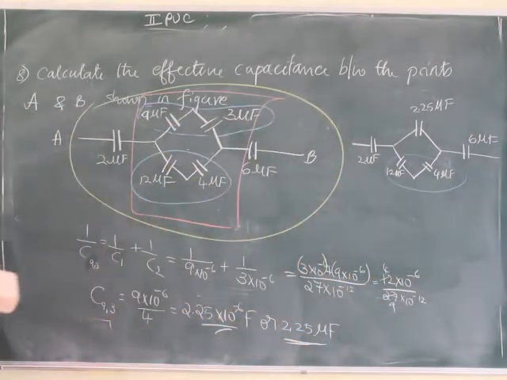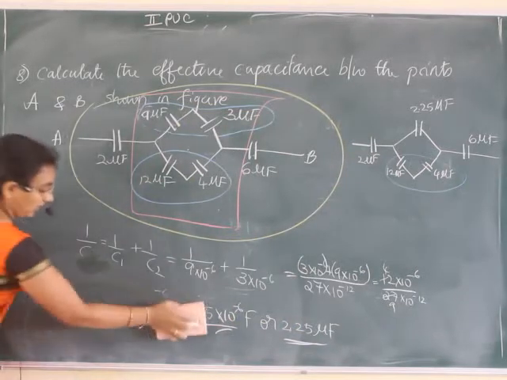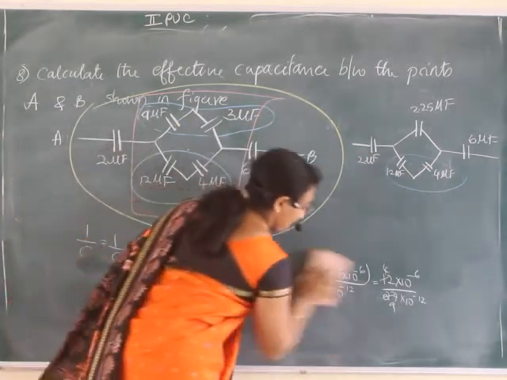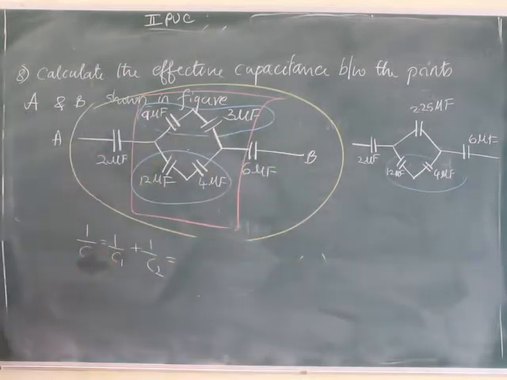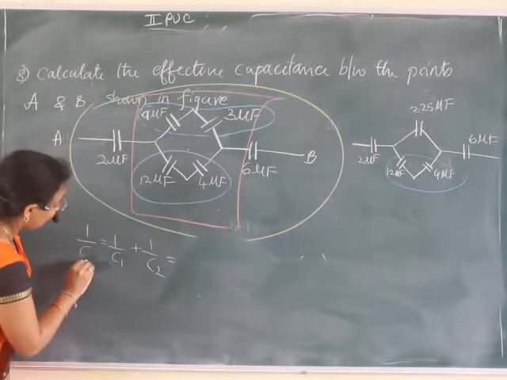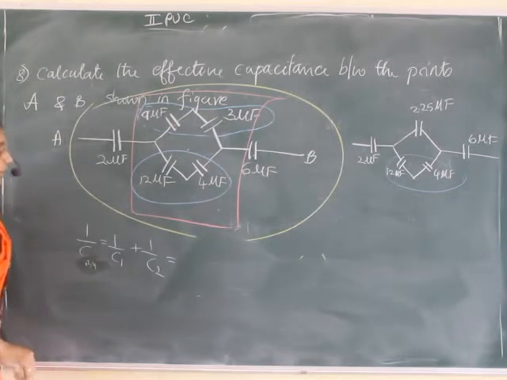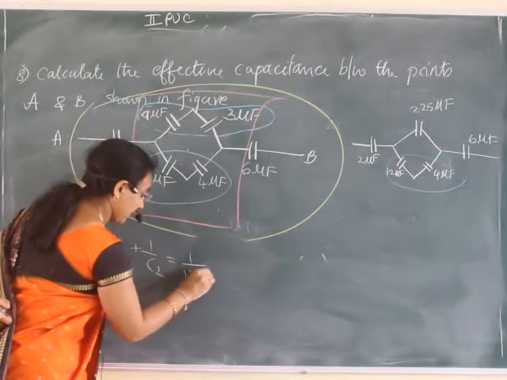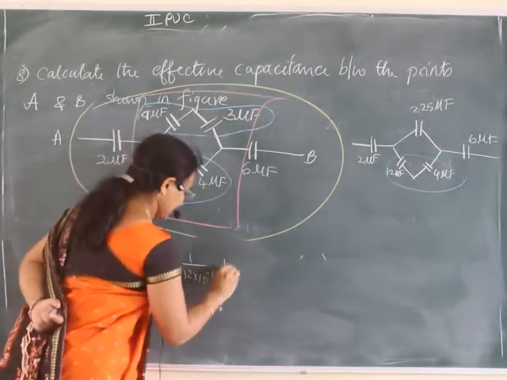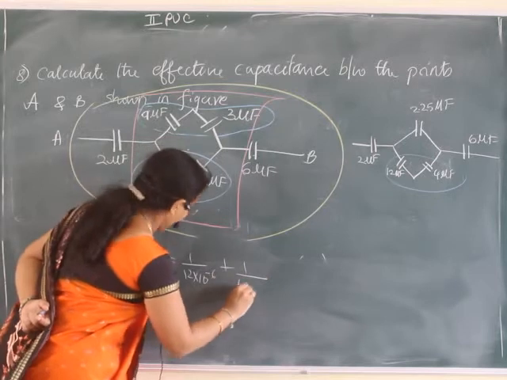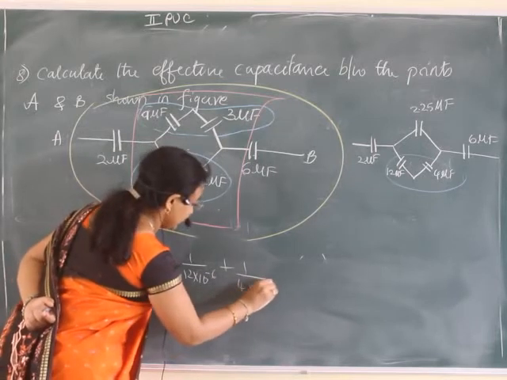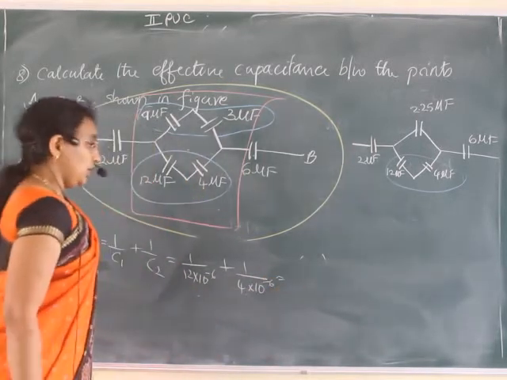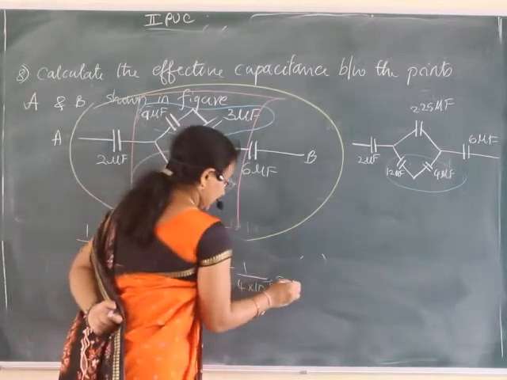What is the answer you get for next two? Same formula, like a series. Which one and all? 12 and 4. Correct? 1 by 12 into 10 to the power minus 6 plus 1 by 4 into 10 to the power minus 6. 48, correct?